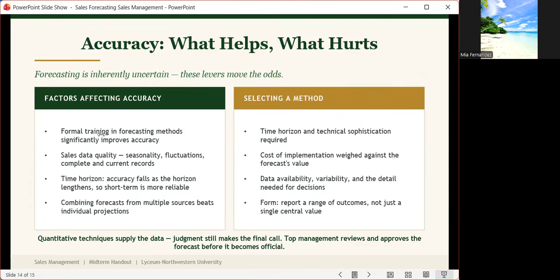Again, if you are formally trained in forecasting methods, then you're more accurate. Another thing is the quality of the data: you need to take into consideration the seasonality and the fluctuations of the data. The important thing is you need to have the actual and current records. The records should not be outdated.